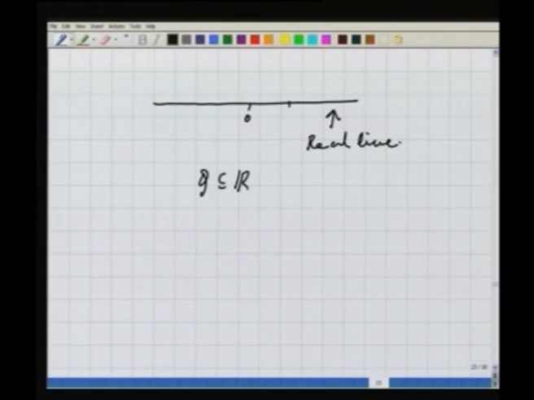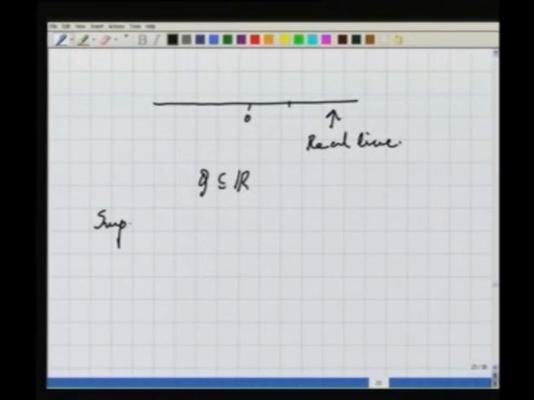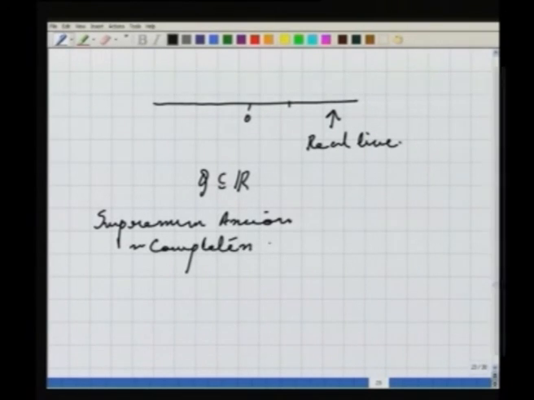Okay. Now, the second thing, the most fundamental about this real line was the supremum axiom. Sometimes this is also called the completeness axiom. What does it say?